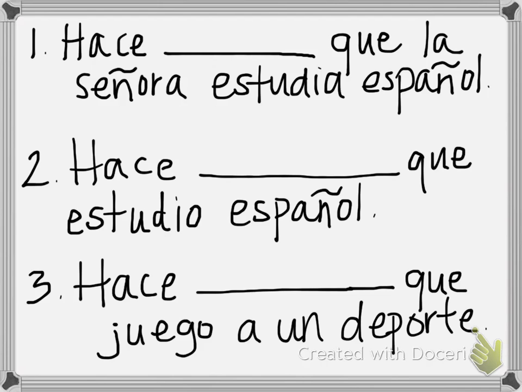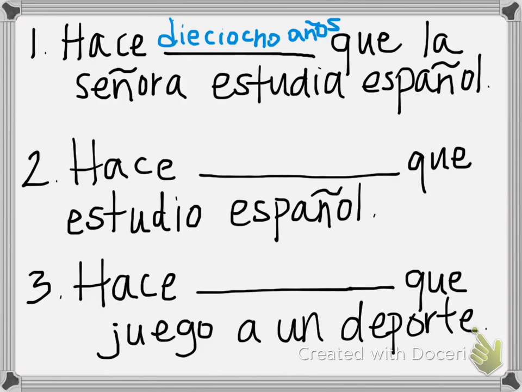I have been studying Spanish for 18 years. So I'm going to use hace. Next comes my time period, so it would be 18 años. You're going to have to squeeze that one in there. So, hace 18 años que la señora estudia español. Or, the woman's been studying Spanish for 18 years.